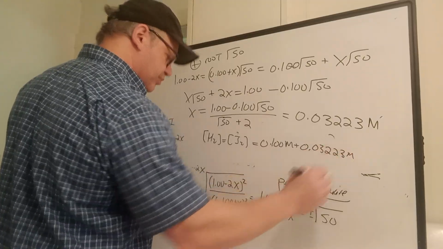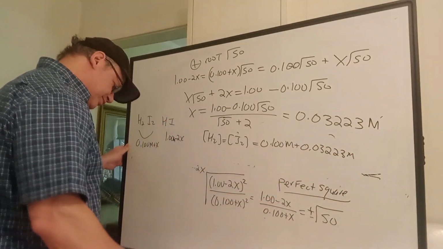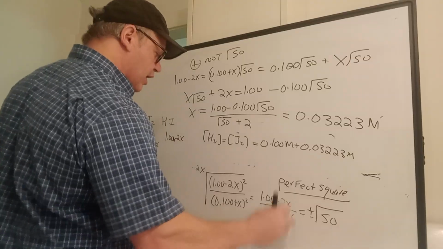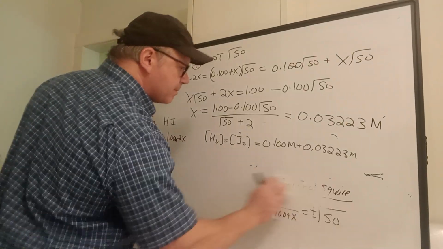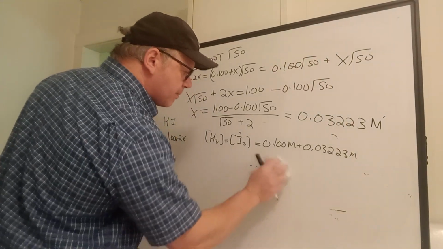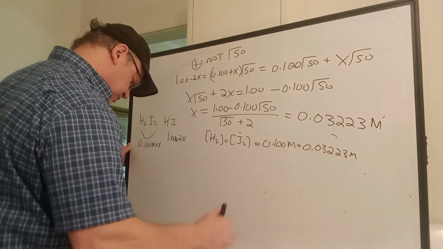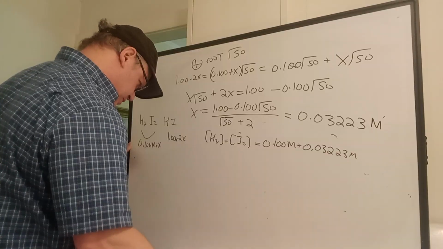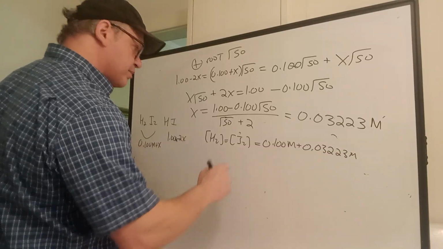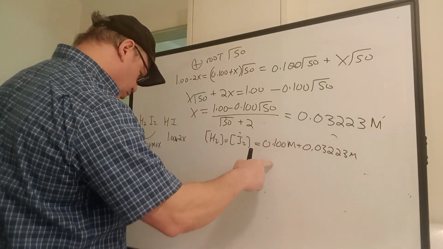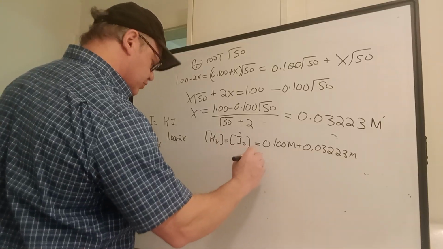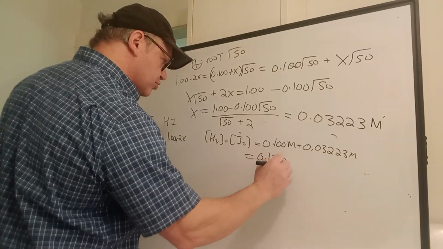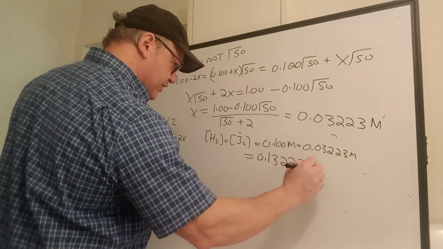3.223 molar. We have that. So that's going to give us, let's see here, we got 0.32, we got a 0.1, that equals 0.13223 molar, more sig figs than we justified.